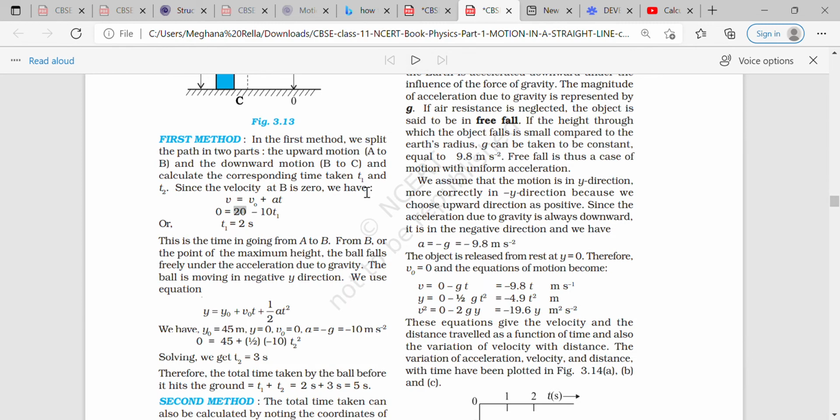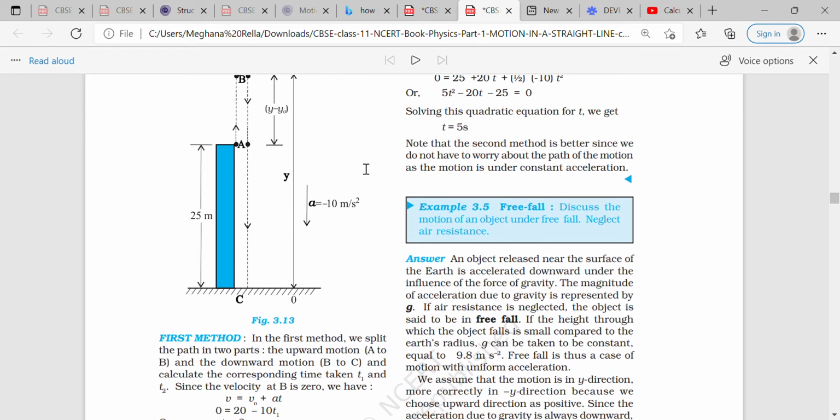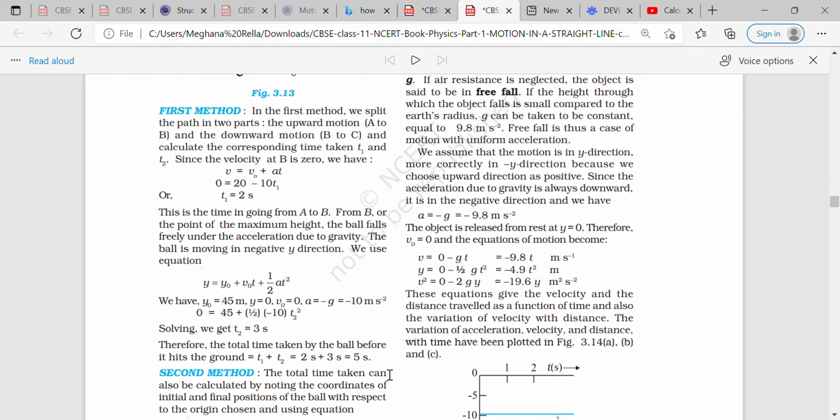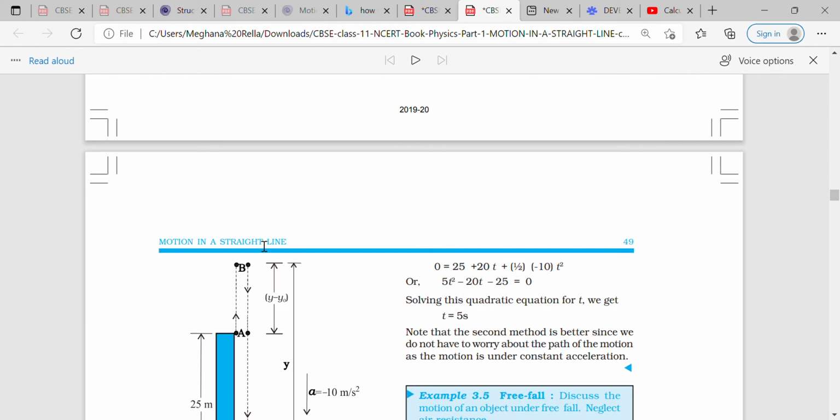Okay, so we take A to B, and B to C. So we take two paths, upward motion and downward motion. So the velocity at B is 0.